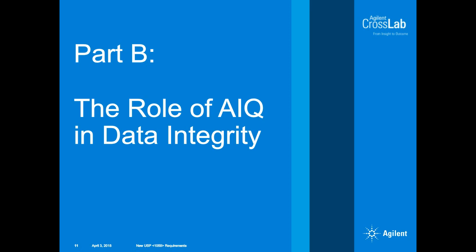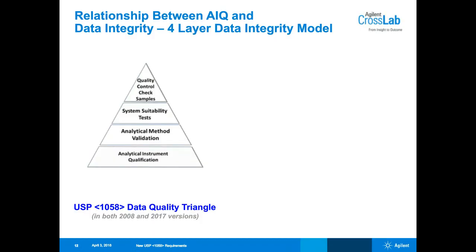So in Part B, I'm going to talk around the role of analytical instrument qualification in data integrity, and I'm going to start with the data quality triangle, shown here. This is directly from USP 1058. It's in both the 2008 and the 2017 version.